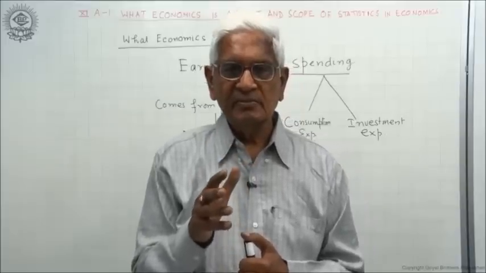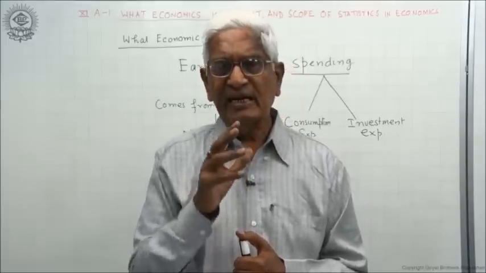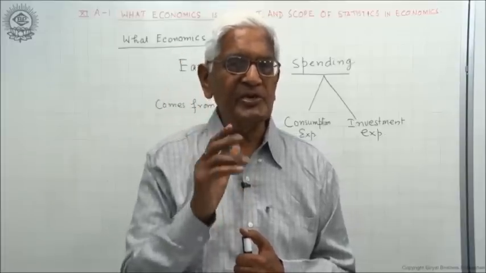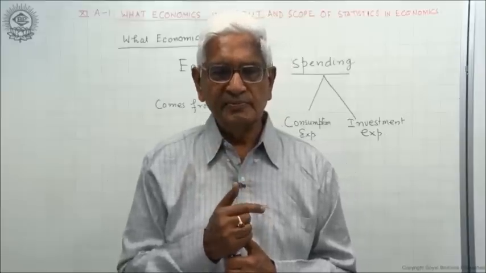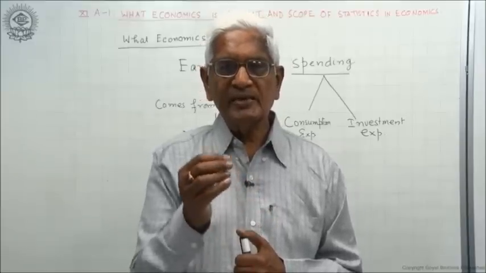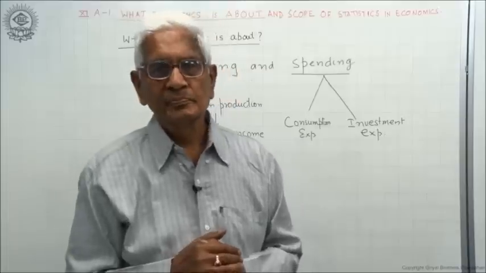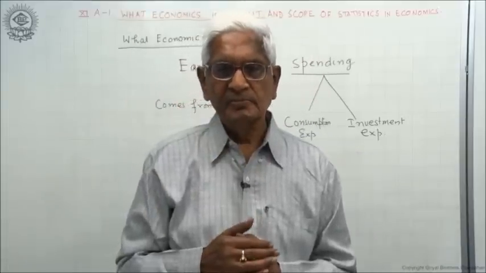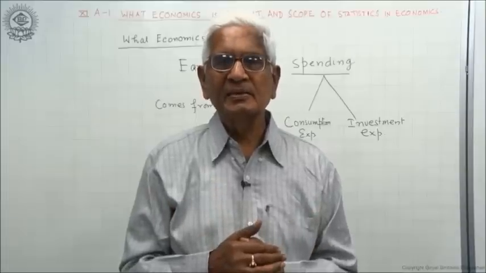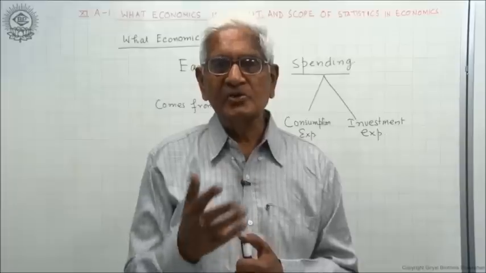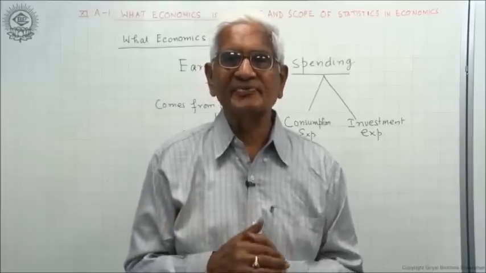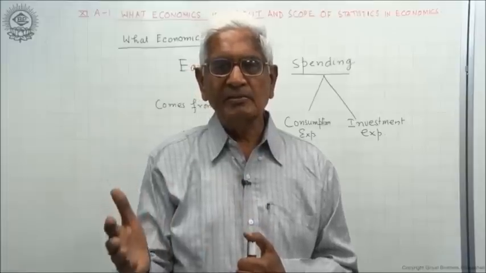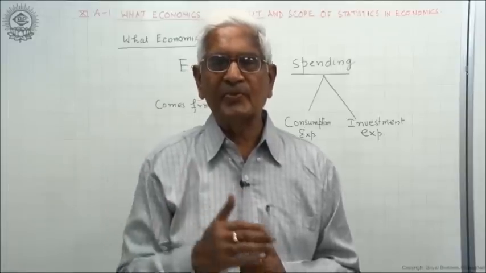Why? Clearly, what is behind the mind of a person who is earning or spending? He wants to make the best of earning and the best of spending. So naturally, the best of spending means, say, consumer spending, one that gives him maximum satisfaction. Spending on investment, one that gives maximum profit.